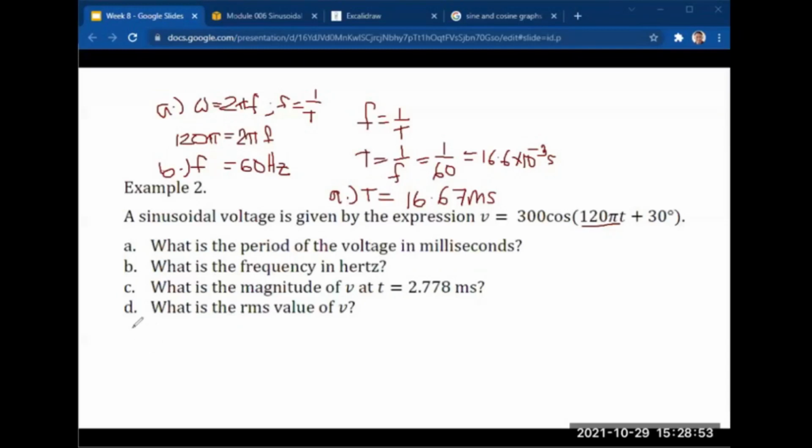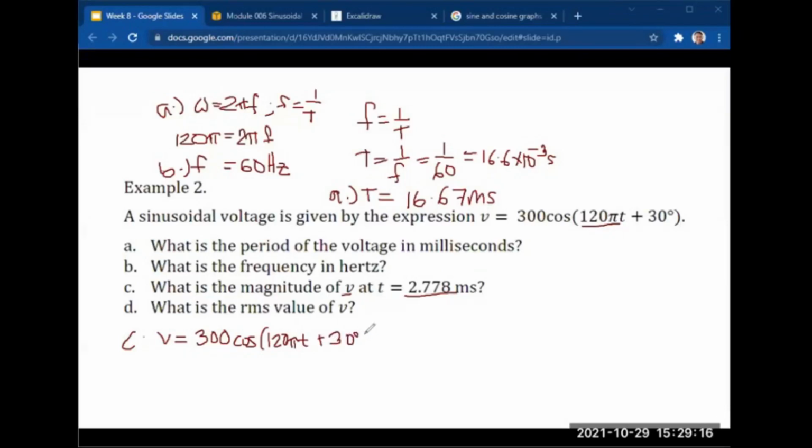So let's solve letter C here. Magnitude of V at time 2.778 milliseconds. The expression for V is equal to 300 cosine (120 pi t plus 30 degrees).